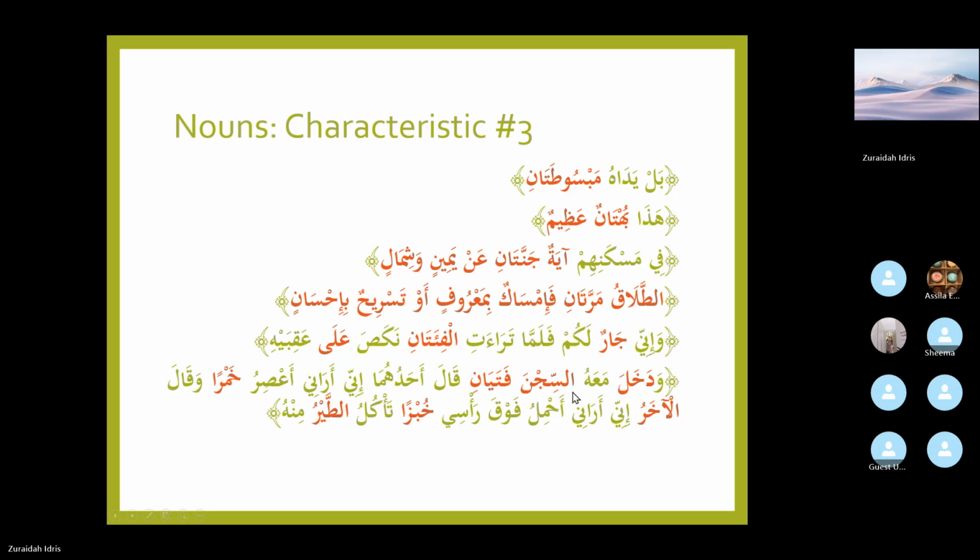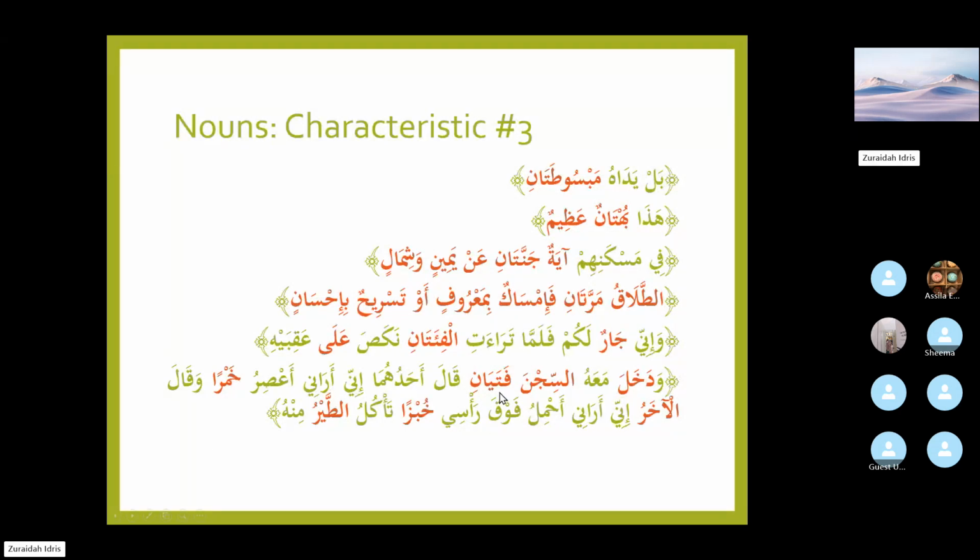And asijna, is this an isim, fi'il, or harf? Isim ma'rifah. Is it masculine or feminine? It's masculine. Okay. And fatayani? Fatayani isim, feminine, dual.